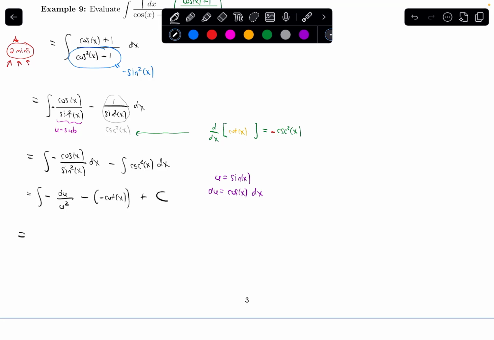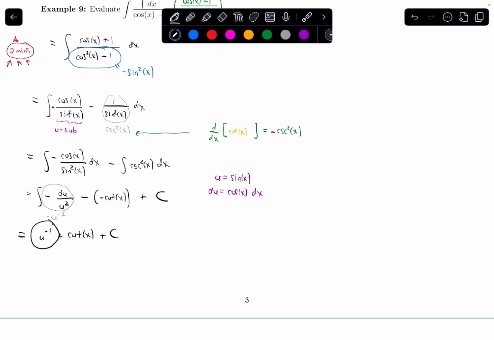Okay. For this integral, I can bring that u squared up to the top. That'll give me a negative u to the negative 2. When I do my reverse power rule on this, we are going to get u to the negative 1. So u to the negative 1, that next term becomes plus cotangent x plus c.